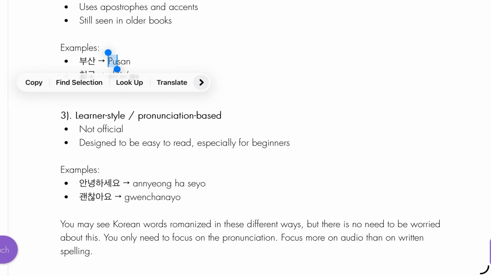That's something more that I would do just so at least your pronunciation can be closer, but it does mean my romanization sometimes just looks funky. And I also suck at reading romanization. You'll get to this point too, where you're so used to Hangul and Korean that you might suck at reading romanization. You're like, what even is that word supposed to be? What is that supposed to mean?